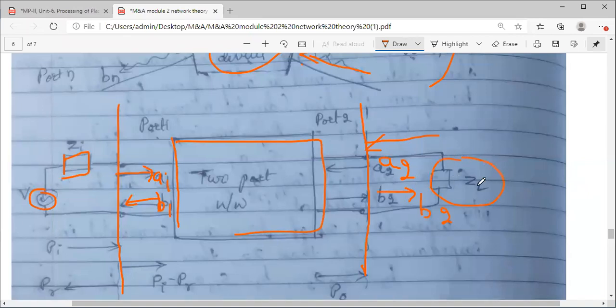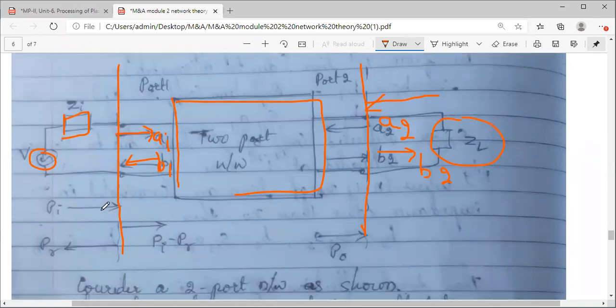In general ZL, I have not specified whether it is equal to Z0 or not, but in general obviously there are reflections, which means that ZL is not terminated in Z0. Otherwise there would be pure absorption, there will be no reflections. Now consider the voltage applied, there is an impedance, you'll get some input power Pi for the first reference plane.